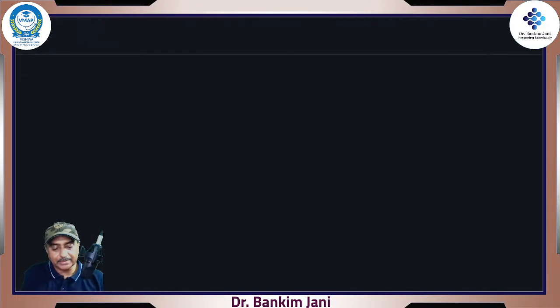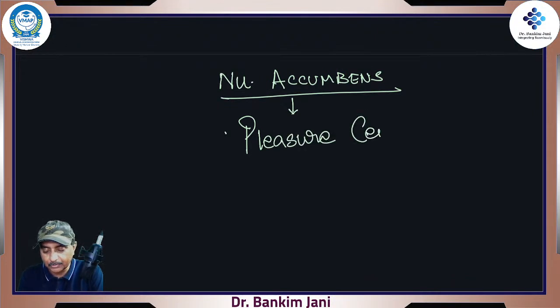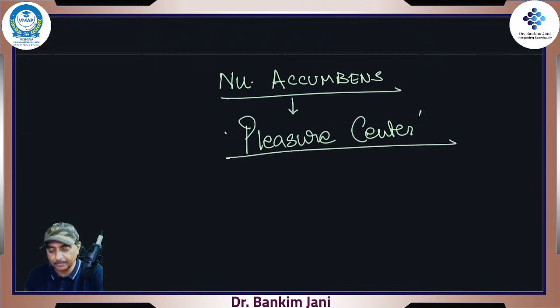So this nucleus accumbens, it is not part of basal ganglia. Yeah, it is close to the head of this caudate nucleus, but it cannot be identified in isolation, right? So it is just like one area. But the importance of it is that it is also called the pleasure center.